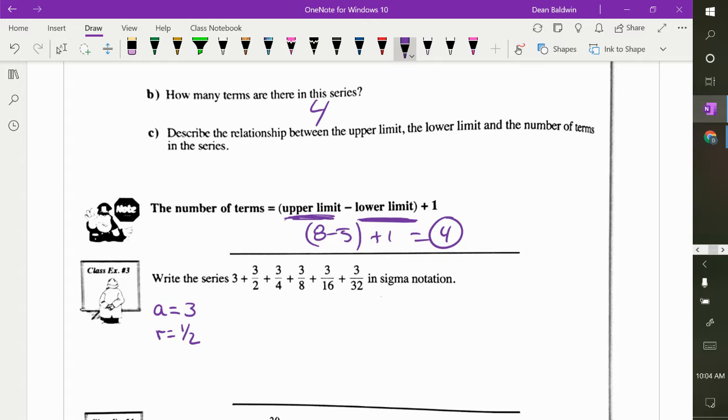Now, the formula for a geometric series is A R to the n minus 1, correct? So if we plug those in, I get 3 times 1/2 to the n minus 1.